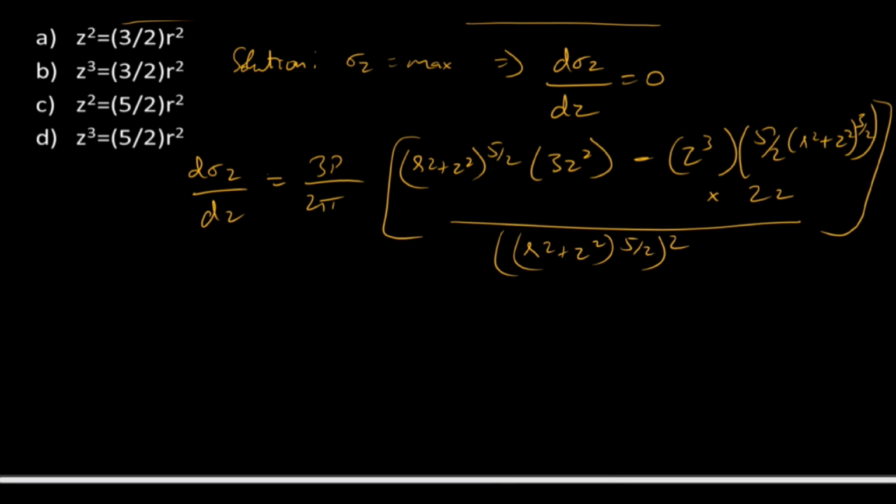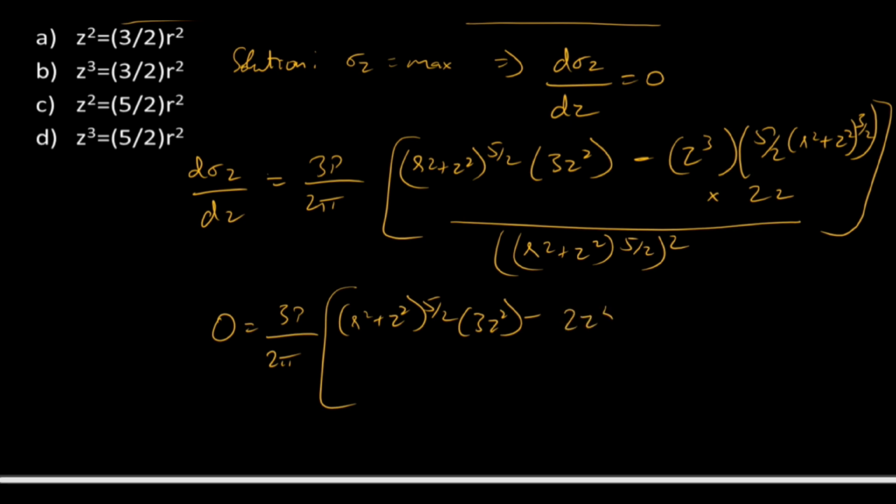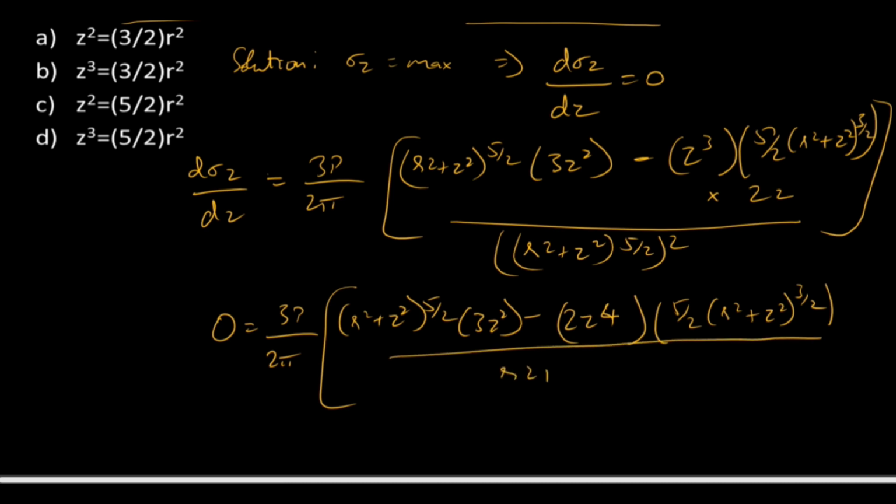So d sigma z by dz equal to 0, which gives you 3p by 2 pi into r square plus z square power 5 by 2 into 3z square minus 2z power 4 into 5 by 2 r square plus z square power 3 by 2, divided by r square plus z square power 5.